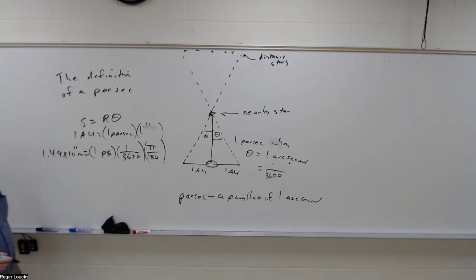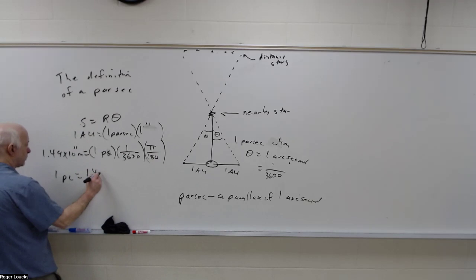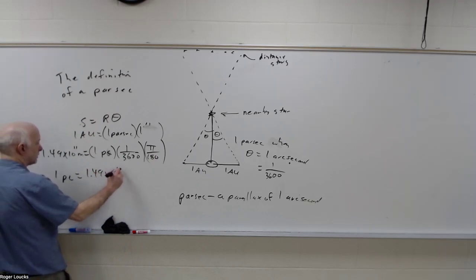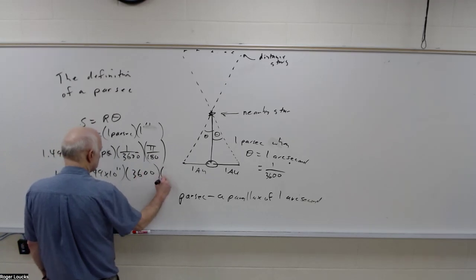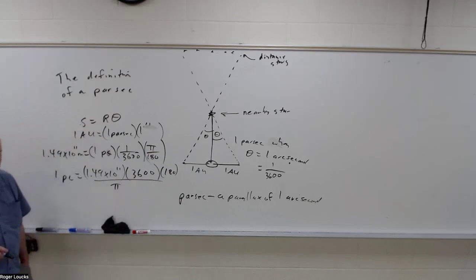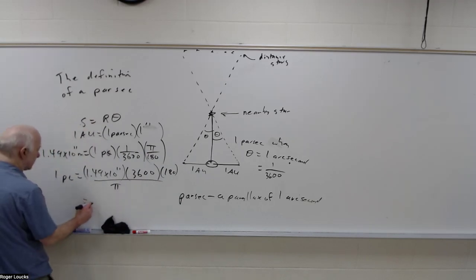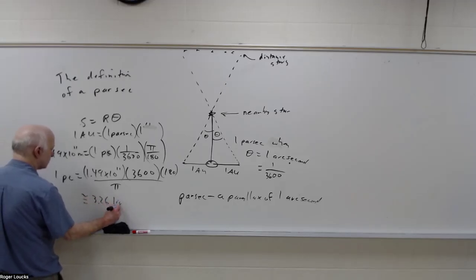Like that. And so your 1 parsec is this 1.49 times 10 to the 11th times 360, times 180 over pi. Okay. And when you work this out, this ends up being approximately 3.26 light years.